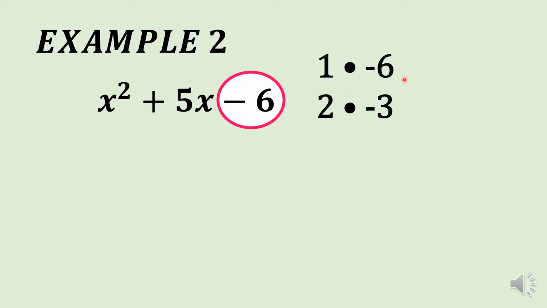Dito naman sa example number 2 natin, ang sign kasi ng 6 natin is negative. So ano yung mga signs ng factors natin para magbibigay siya ng negative? So we have positive times negative, and then dito rin positive times negative. Pwede rin na baliktarin natin yung 1 at saka 2 yung magkakaroon ng negative, and then yung 6 and 3 naman magiging positive. Okay?